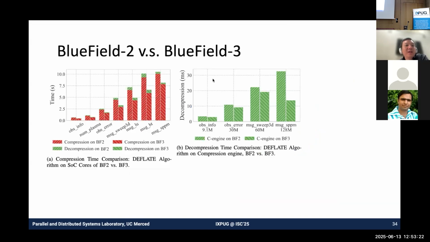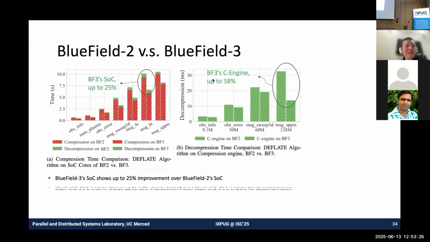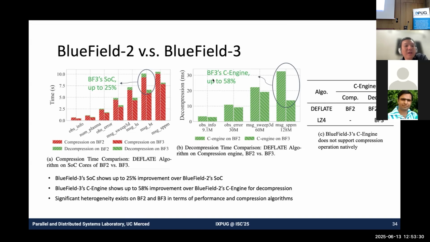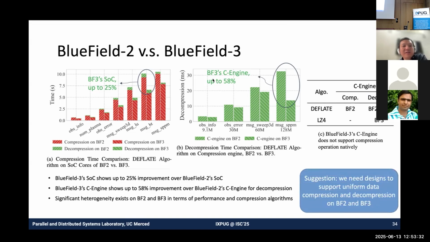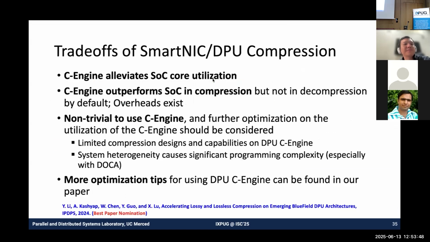So we compared BlueField 2 and BlueField 3. We want to see whether the same things happen for both of them. We do see that BlueField 3 improves a little bit from the speed perspective. However, BlueField 3 lost some functionalities in its chip, which is something we want to highlight.